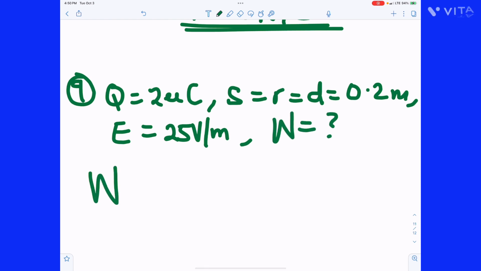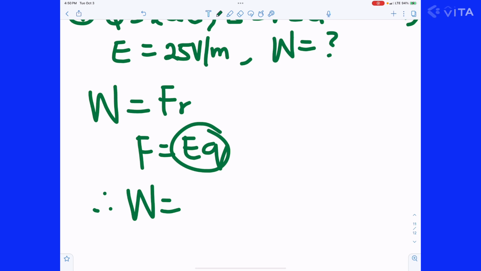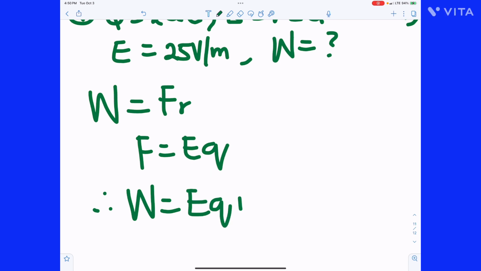Work done on a charge is force times distance moved. You understand? We can say distance is x or r. Now, that force we have done before is EQ. That means that if you replace force with EQ, the work done will be EQ times distance.